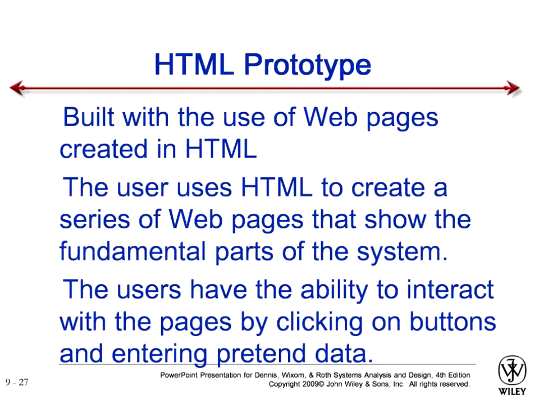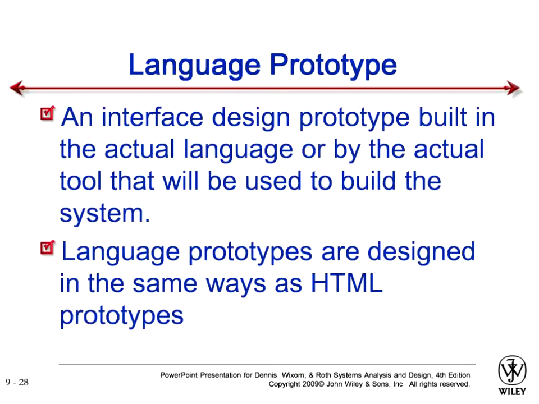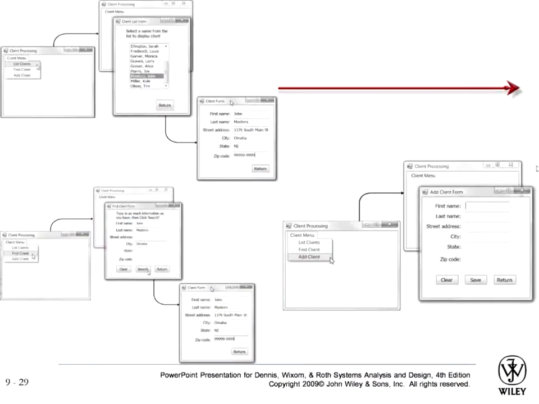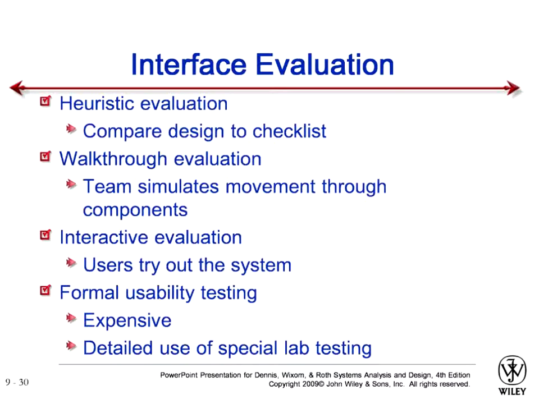So you can develop web pages to tell users what information they will be collecting and how the data will be presented. You can build prototypes in the languages as well. These are language prototypes. And then once you have prototyped your interfaces, you evaluate them.